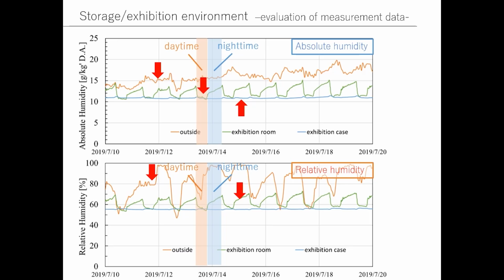On the other hand, as explained earlier, the case is highly airtight, so there is almost no change in the absolute humidity as well as the temperature. Therefore, the relative humidity is also very stable and shows a constant value. From this, it can be said that the artifacts displayed in the case can be exhibited in a safe environment, with almost no absorption and release of moisture.